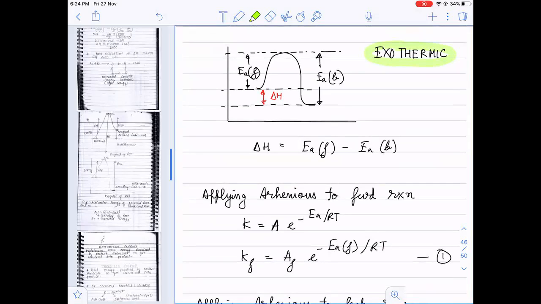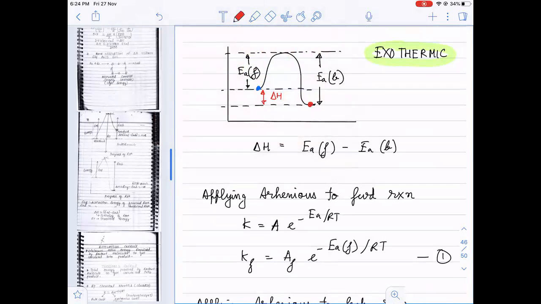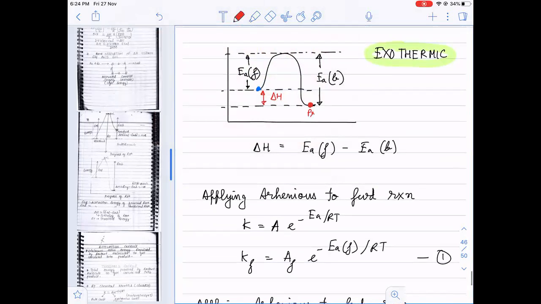Please notice that the energy of the reactant in an exothermic reaction is more. This is the reactant, and by the red dot I will indicate the product. Product has much lesser energy as compared to the reactant. That is why this reaction is called exothermic, which means the net heat is liberated out of the reaction.